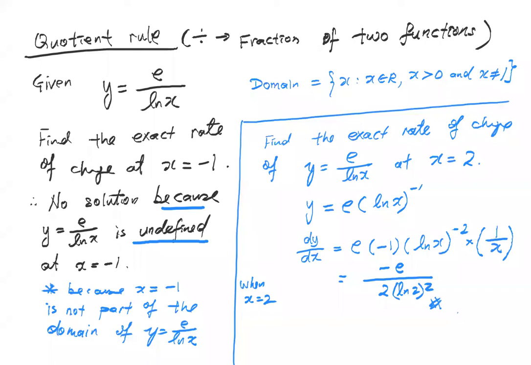So now let's go by the quotient rule. Definitely, I won't use this example for the quotient rule. So let's have a look. I told you that the quotient rule is a fraction of 2 functions. Can I move on? Okay. So that means the function will go like that: f(x) equal to ln x divided by x.